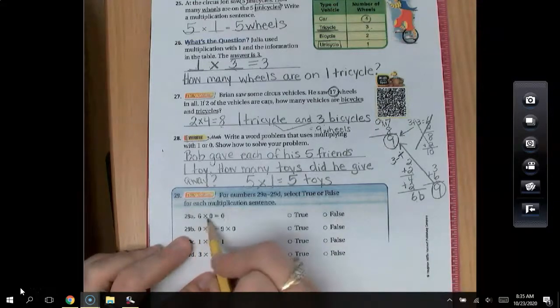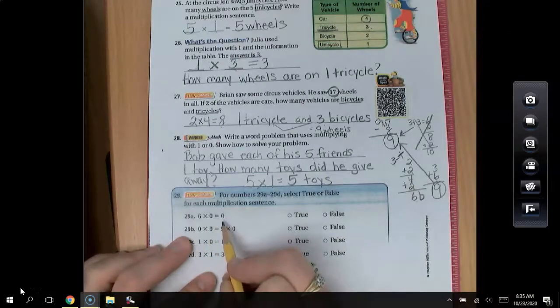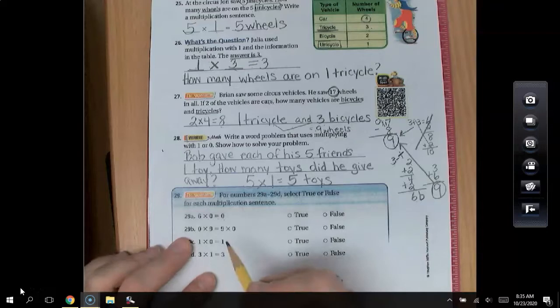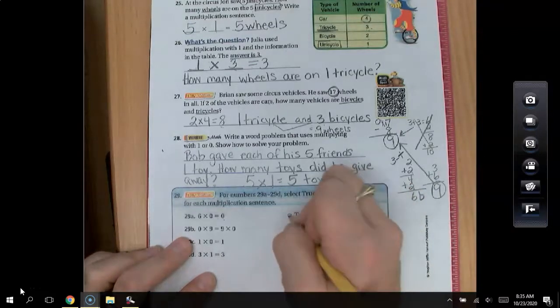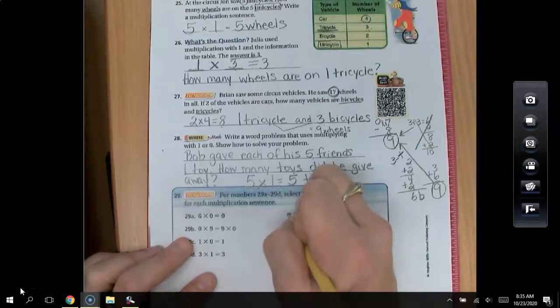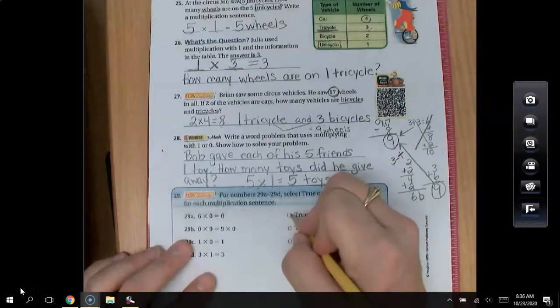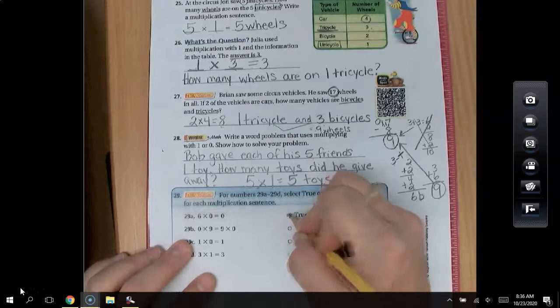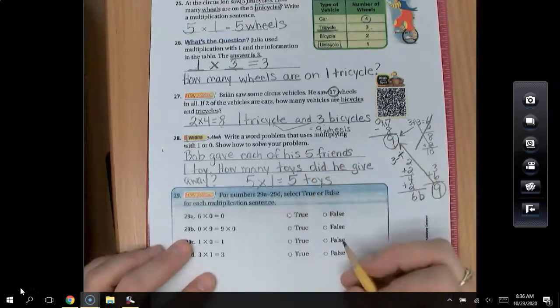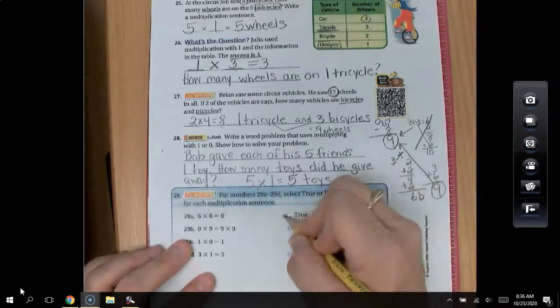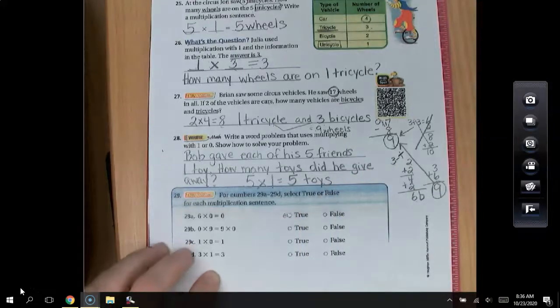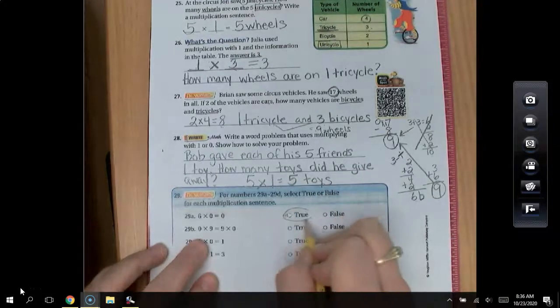Does 6 times 0 equal 0? Yes, it does. Remember from the 0 property that 0 always wins. So my answer is true. I'm not sure why it's not showing up. All right. We'll circle it.